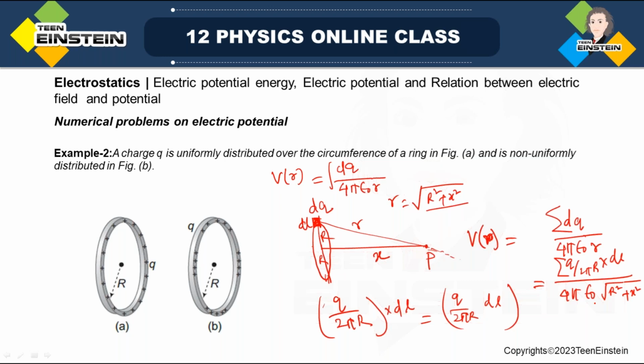So if we take the summation, q by 2 pi r, let this be there, and summation over dl divided by 4 pi epsilon naught square root of r square plus x square.